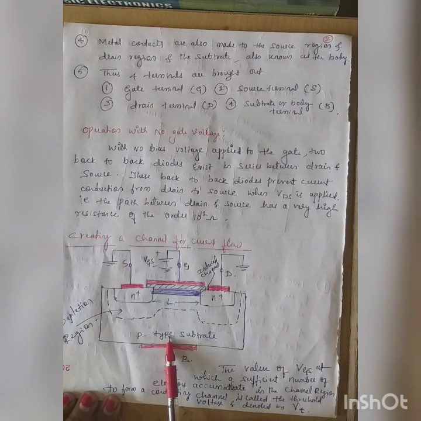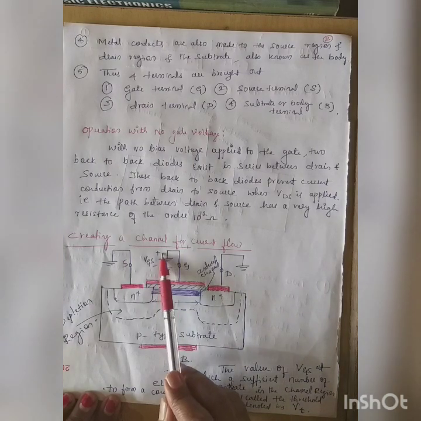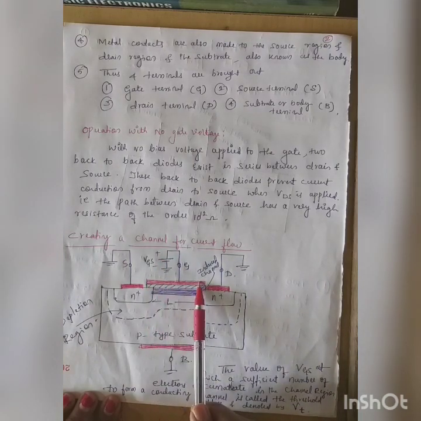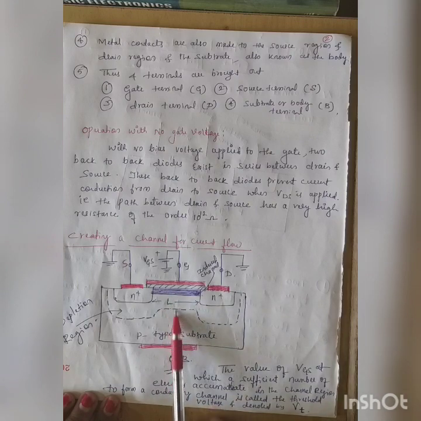In the p-type substrate, holes are majority charge carriers. Along with the majority charge carriers, you are going to have the minority charge carriers that are nothing but the electrons. So when you apply plus this type of supply here, a plus will be created here, and that attracts these electrons, negative charge carriers from the p-type substrate.